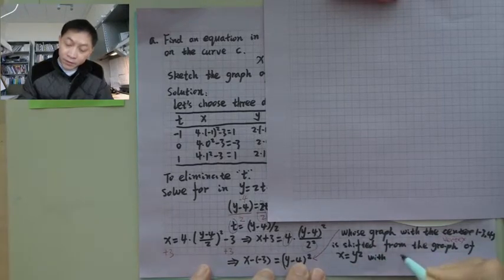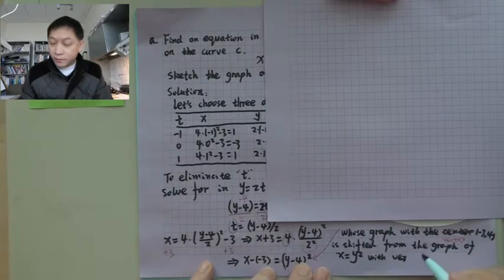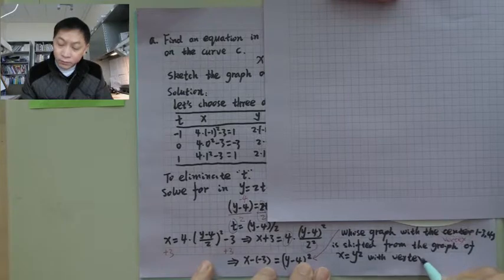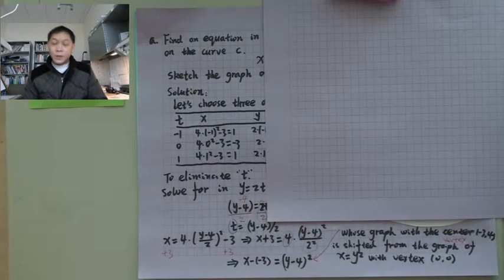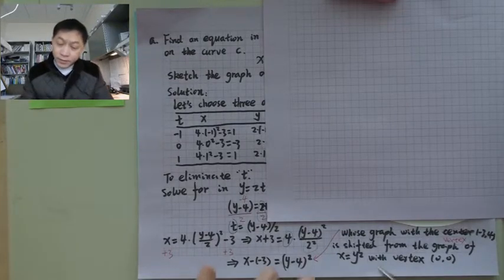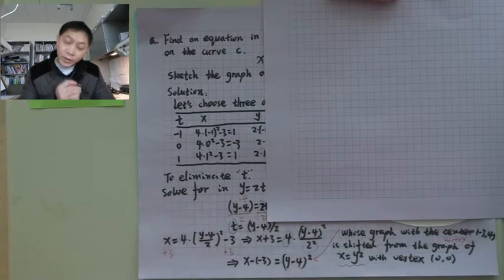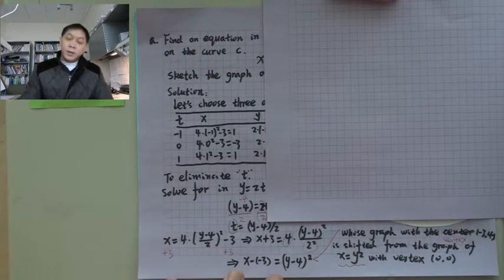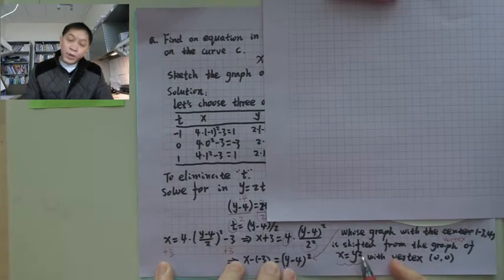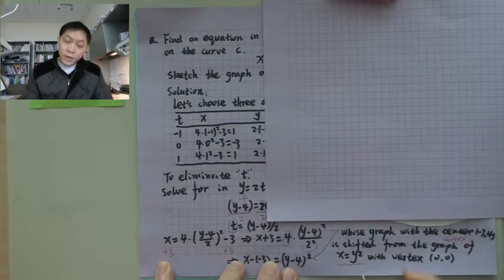with vertex origin. How does this graph look like? x equals y squared. x is always positive, so on the right hand side. y can be positive, negative.